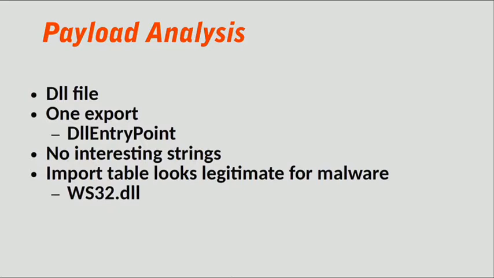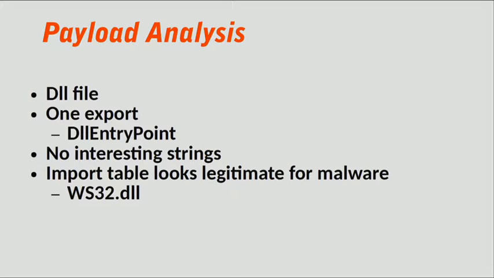So we finally found the payload. So when zip compression or decompression is done, inside there is a DLL file with one export, DLL entry point, so it must be the evil part, without any interesting strings, but with some import table entries which look malicious.